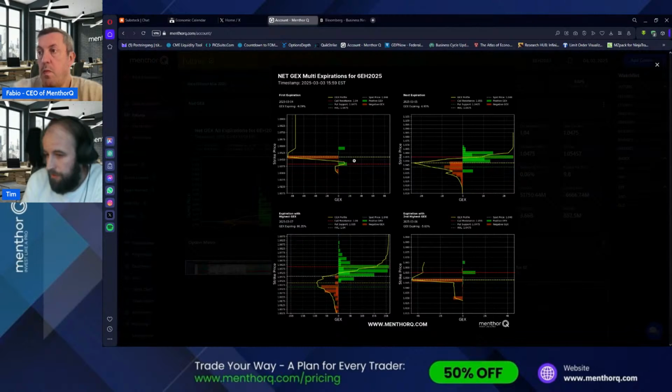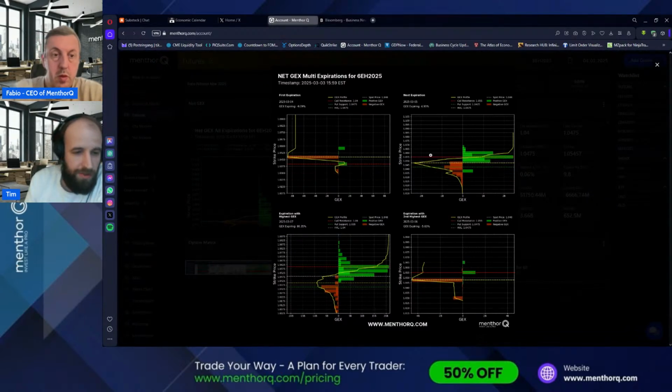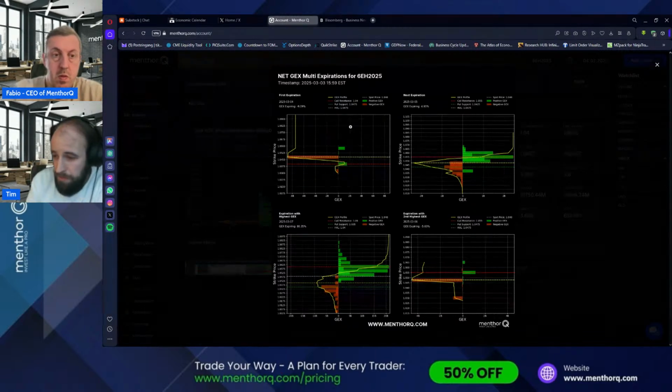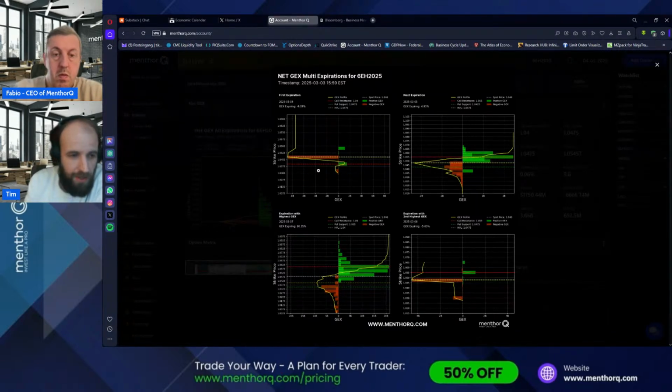So this looks a little bit thin because those 4 charts are showing the next 4 expirations. So this over here is actually from today, right? And in FX futures, it's kind of thin. You can't compare it that much to equity futures, where a lot is going on with options.